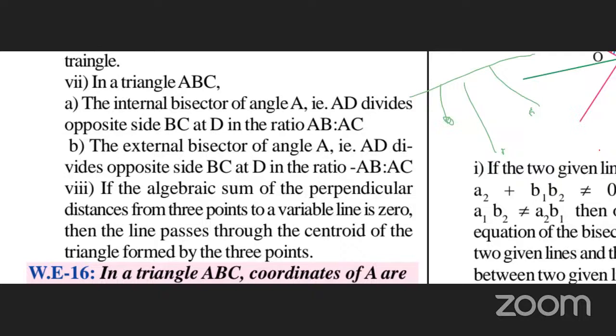If I take this distance as P1, this as P2, and this as P3, and P1 plus P2 plus P3 is 0, then if I join these three points, it becomes a triangle.